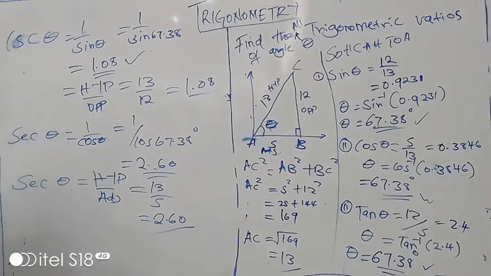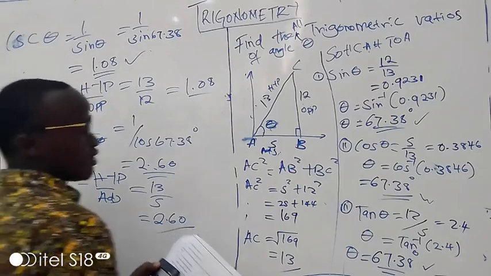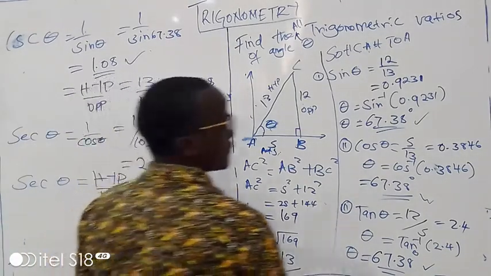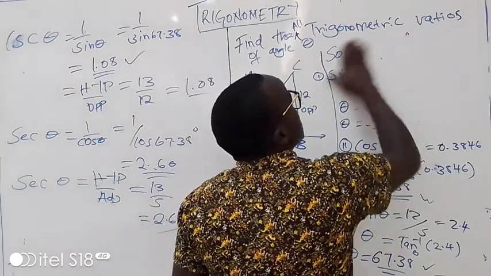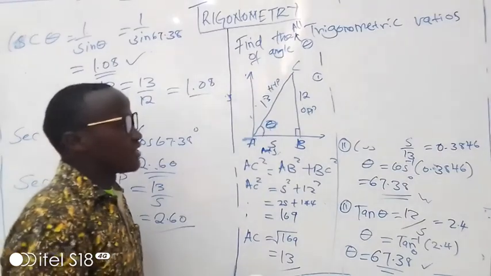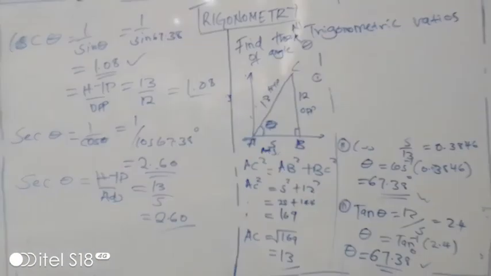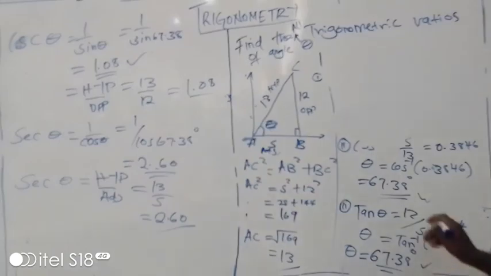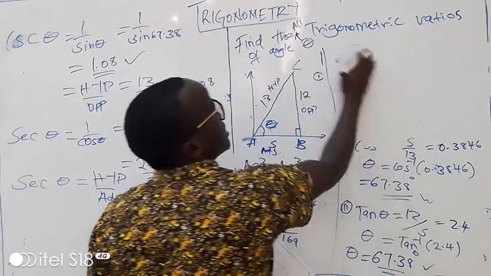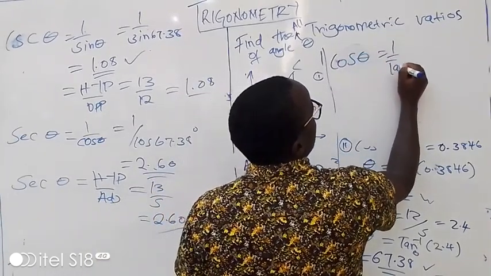Now we want to find the last trigonometric ratio, which is cot. Cot theta is the reciprocal of tan, so it is 1 over tan theta.